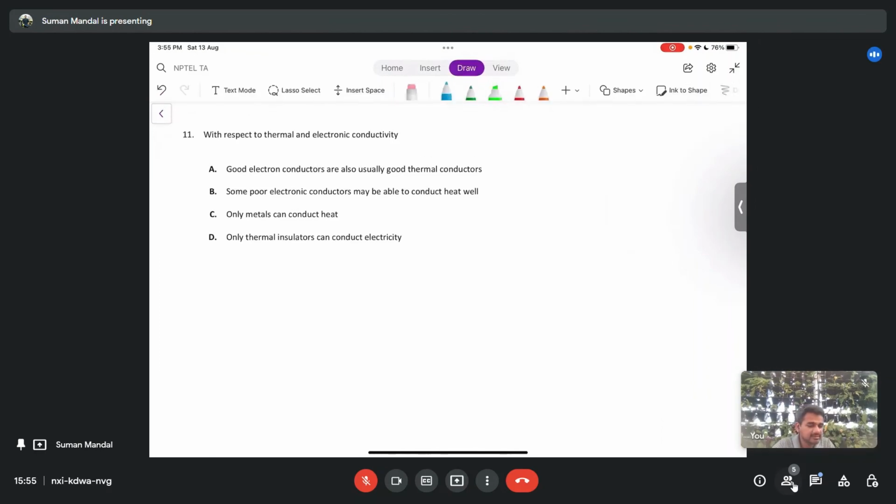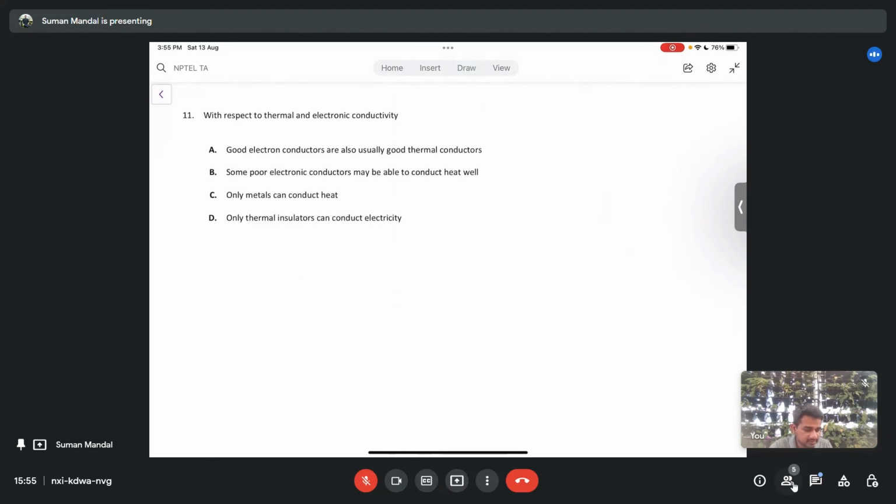So let us take the example of two different materials, diamond and silver. If you compare the values of their thermal conductivity, it's around 2000. The units are watt per meter per Kelvin.